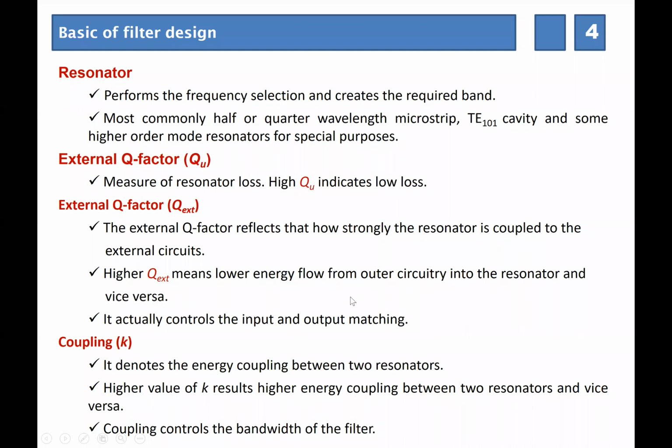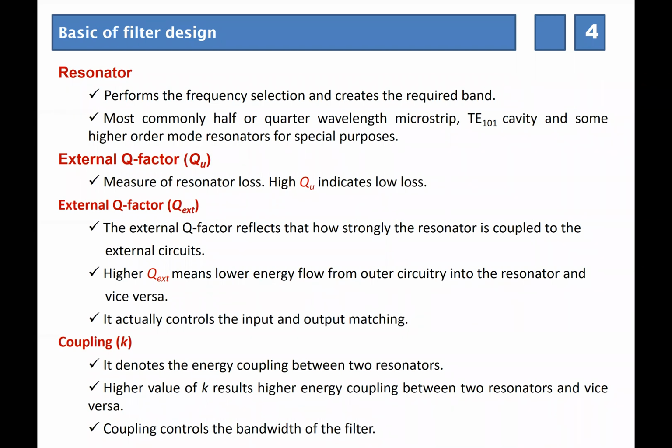External quality factor is basically the measure of how much energy we are feeding to the cavity or resonator from the outside network. If the external quality factor is high, that means less energy is being fed to the resonator, and if the external quality factor is low, then higher energy will be fed to the resonator.